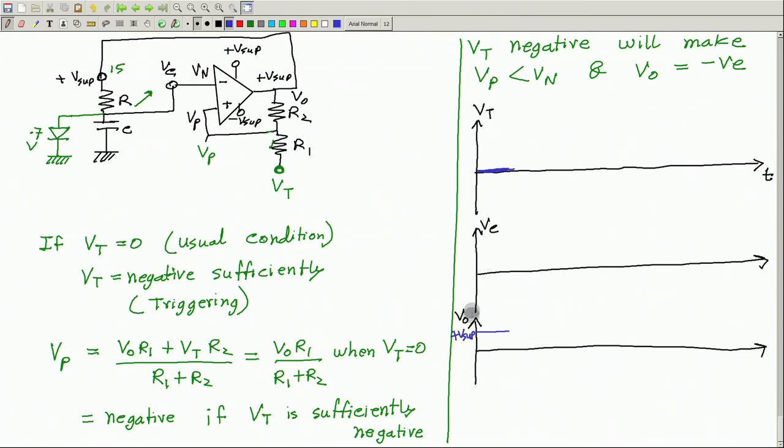Once again, the initial values are just assumptions, you can start from any value you choose. Say I choose V c starts from this. Okay. So, if it is starting from this value, then this is positive here. So, that means this is positive plus V supply, V c is starting from a negative value. So, it will try to go to plus V supply.